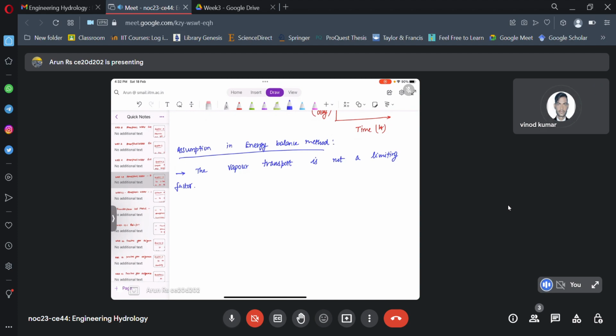So similarly in aerodynamic method, we can use the energy balance method when the vapor transport is not a limiting factor. So I cannot say this as assumption.